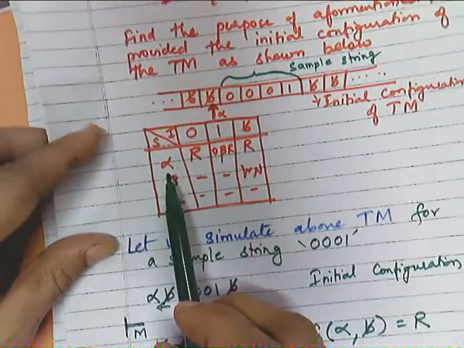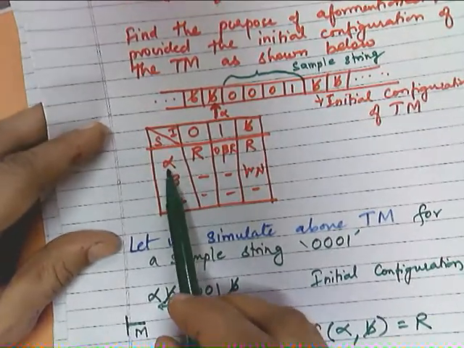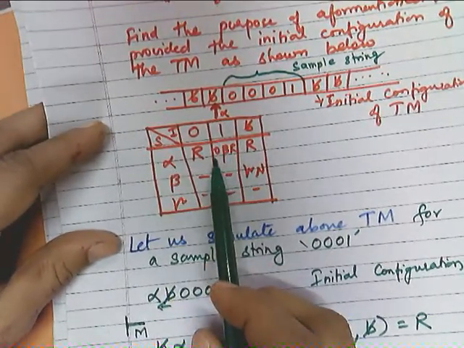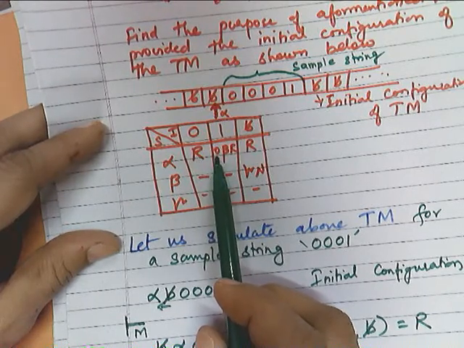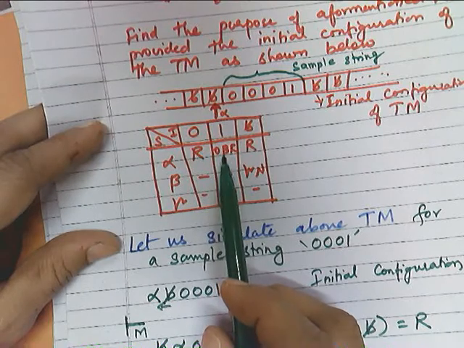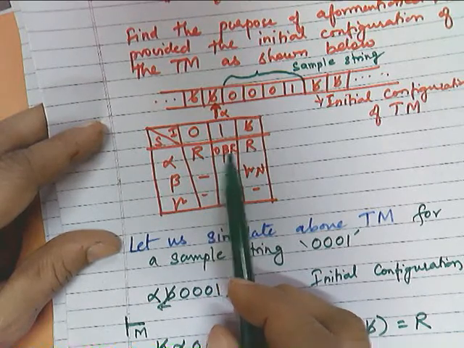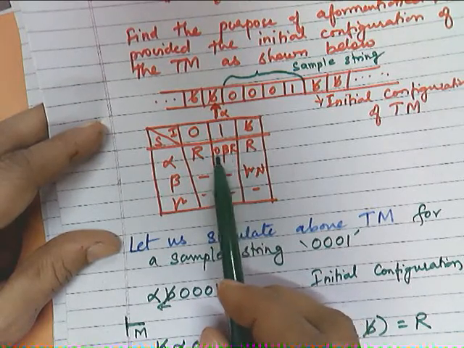So what is the next move? We need to check this table. In alpha with 1, it changes the input symbol read to 0, changes the state to beta and moves towards the right. So we want to reflect this in the simulation. How will we reflect this? So what will we write?